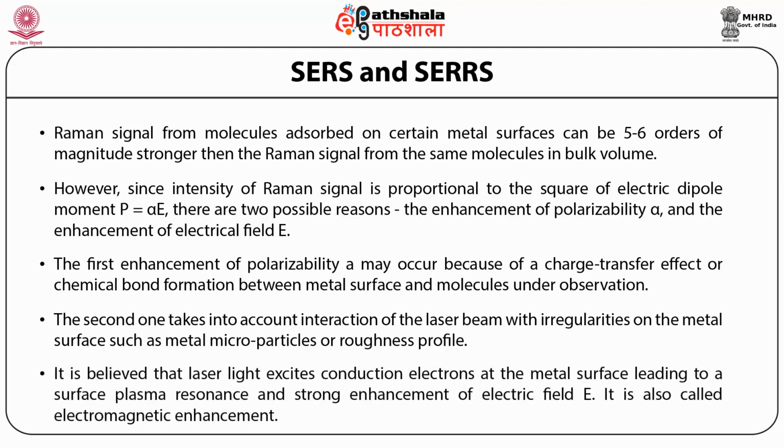It is believed that laser light excites conduction electrons at the metal surface, leading to a surface plasma resonance and strong enhancement of electric field E. It is also called electromagnetic enhancement.